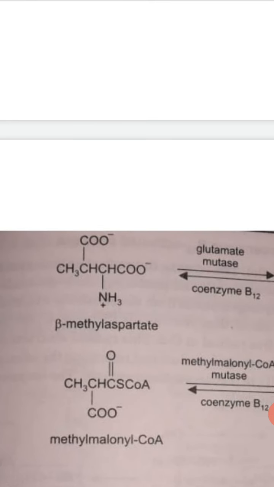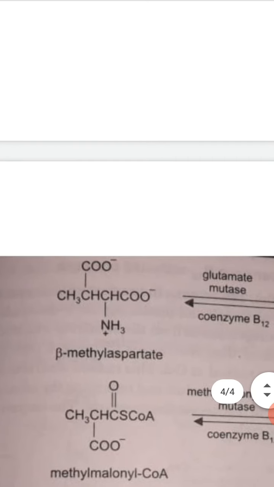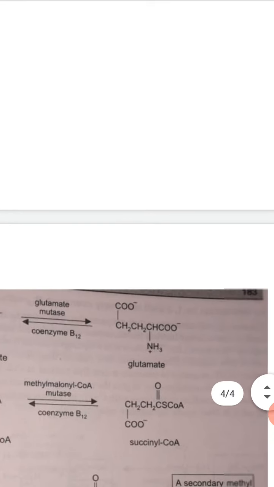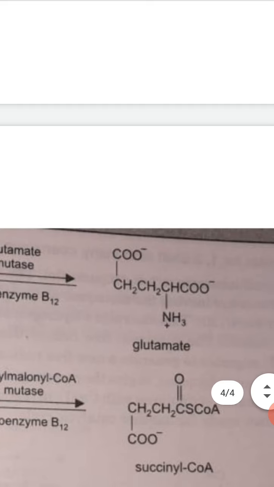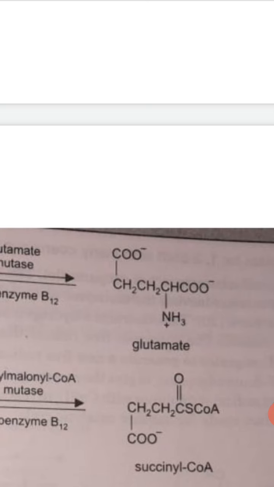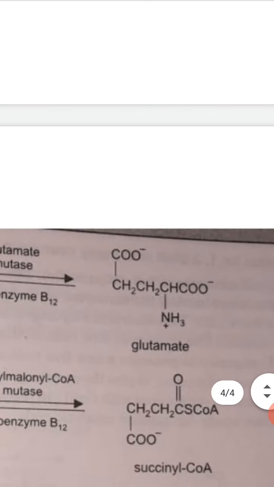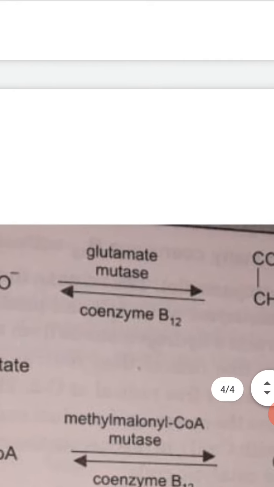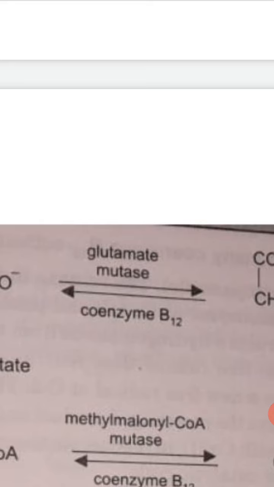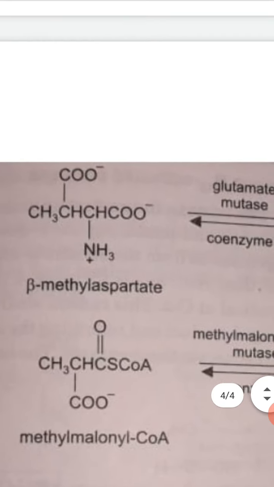Here we see beta methyl aspartate. Here there is a methyl group. Now the methyl group comes in between, and CH2 is formed, and another compound, glutamate, is formed. In this process the enzyme is glutamate mutase and coenzyme B12.